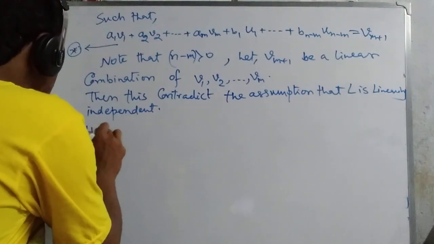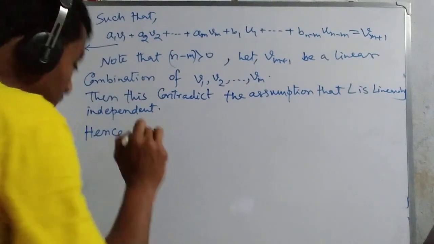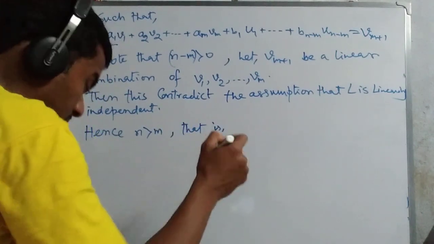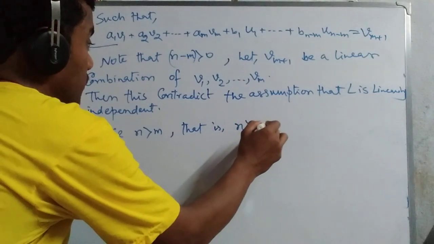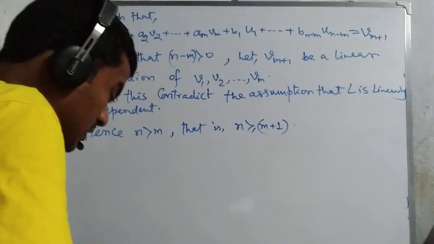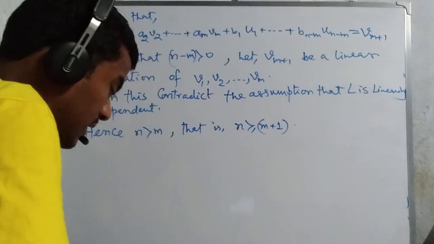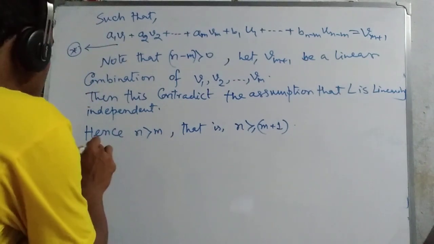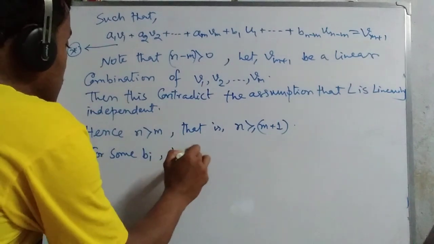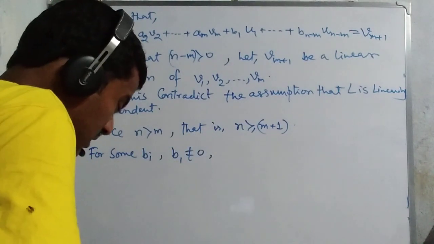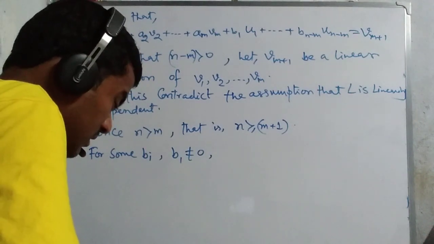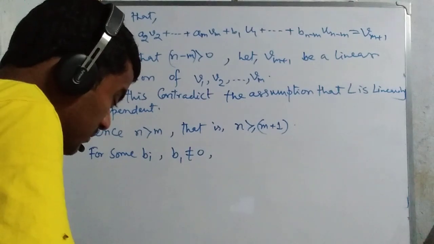Then what happened? Hence n is greater than m, that is, n is greater than or equal to m plus 1. Understood? Now we also see that for some b_i, p1 is not equal to 0. Then obviously we obtain some contradiction.